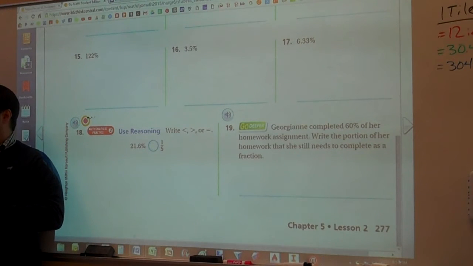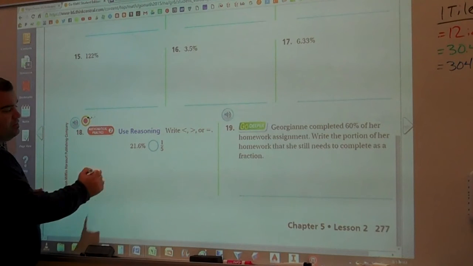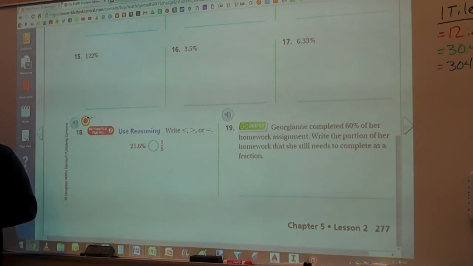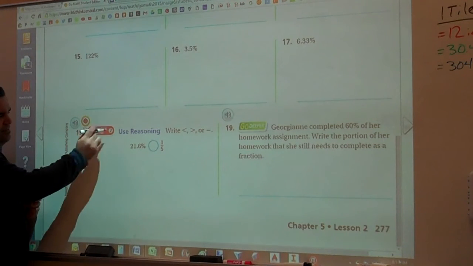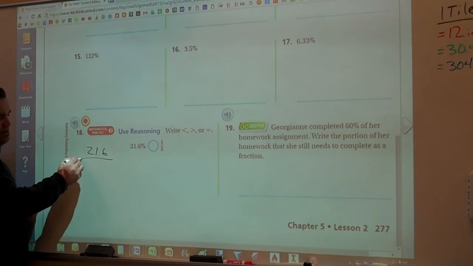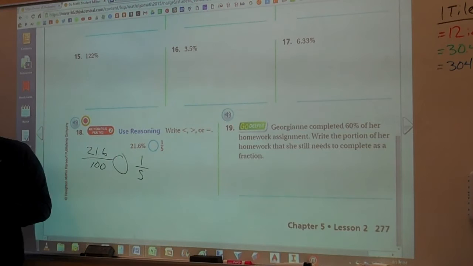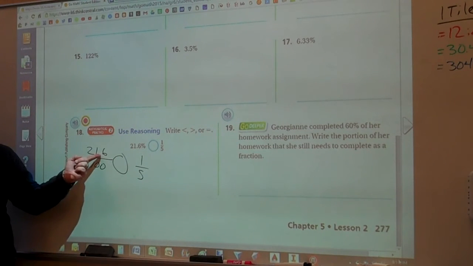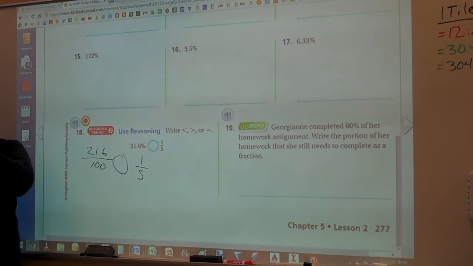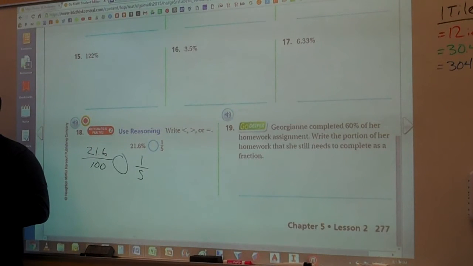You want to turn the percent into a fraction? I didn't do it that way, but you can. Well, that's kind of hard. If you did that, Cameron, it would be 21.6 over 100 compared to 1/5. Then you'd have to multiply this by 10, and then you're comparing it to 1,000. You could do that.